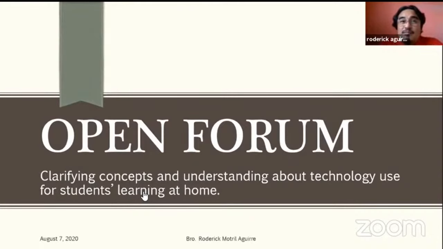Hindi po natutulungan ang mga teachers, the new teachers handling this group of students, in planning appropriate types of learning techniques and learning strategy. So yun po, importante.